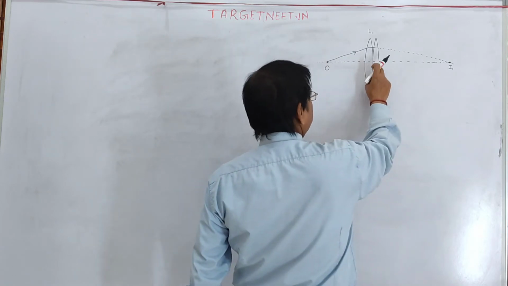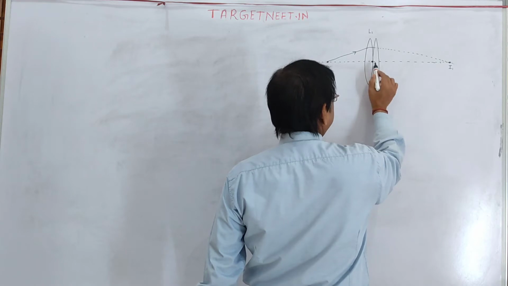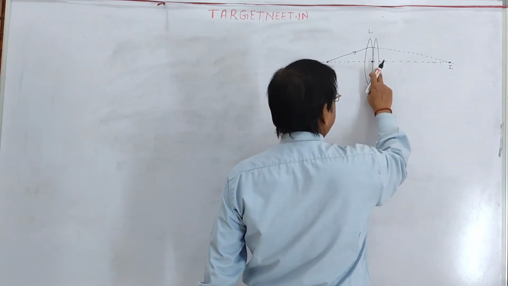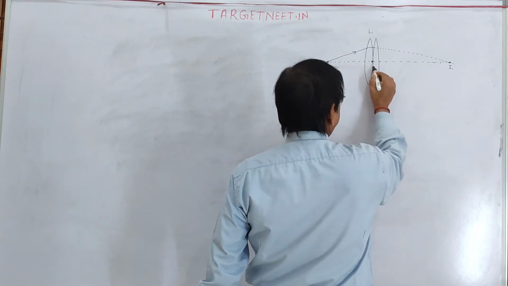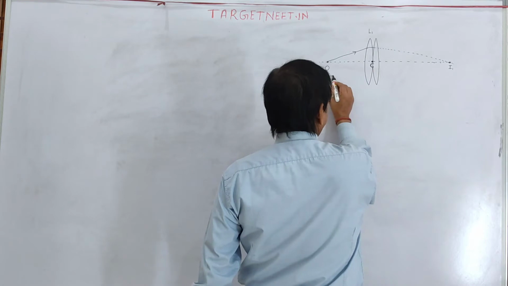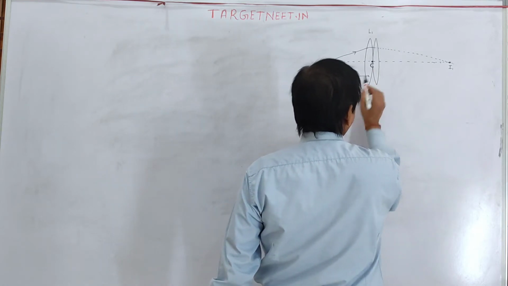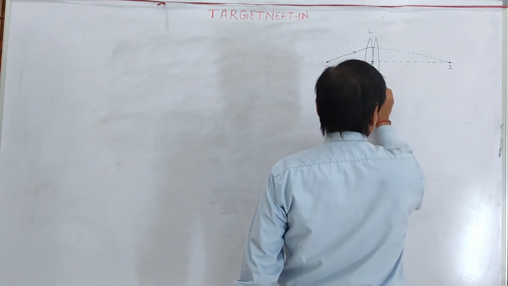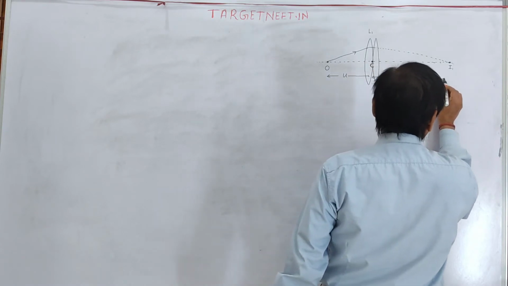Though these lenses are thin lenses, I am measuring all distances from here. So the distance of object from this lens or from this lens, we can take the same. Let this be C. So this distance is the object distance, and this distance is the image distance formed by the first lens.